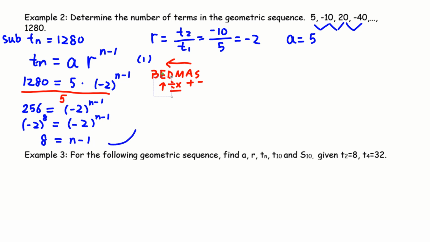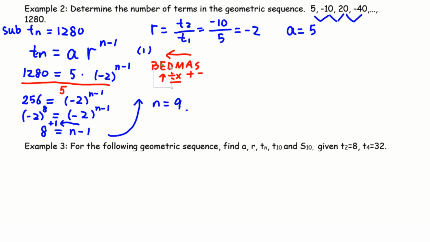Then solving for n is a linear equation. We move the negative 1 to the other side by doing the opposite operation, which is plus 1. So n equals 9. Then we know that in this geometric sequence we have 9 terms. So that is example 2.